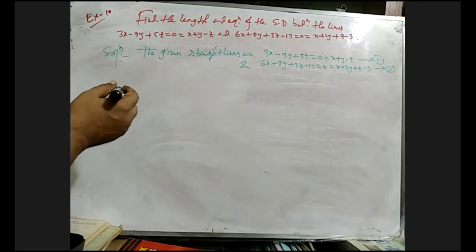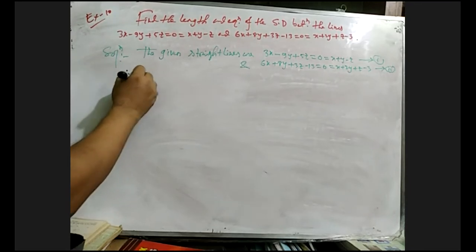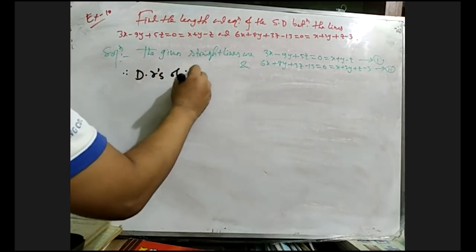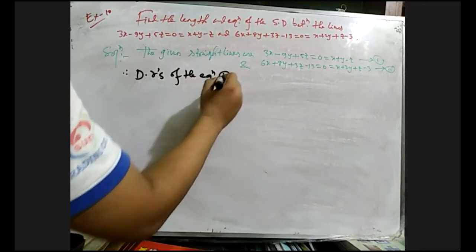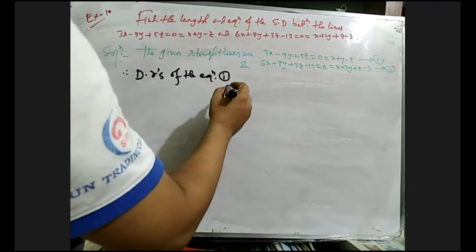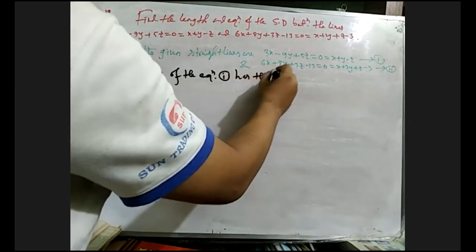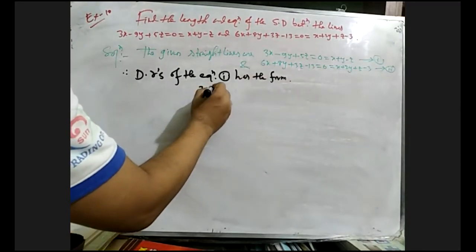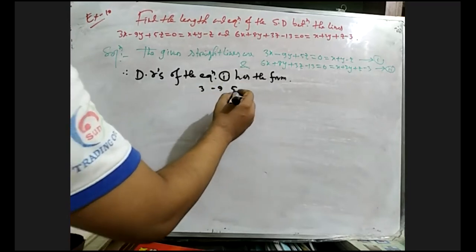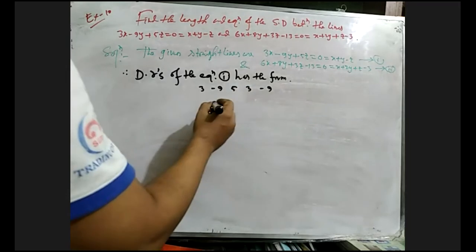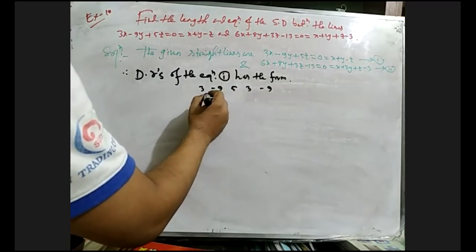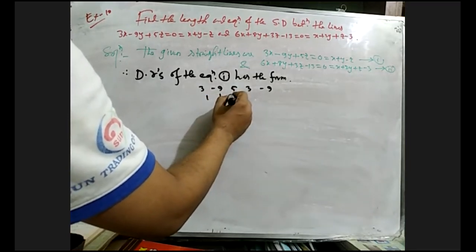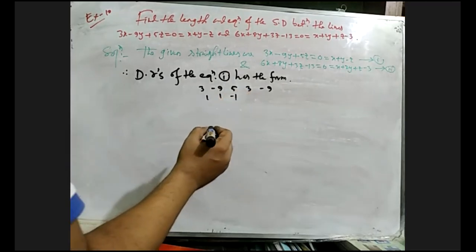So the direction ratios of the line of equation 1 have the form (3, -9, 5) and (1, 1, -1).